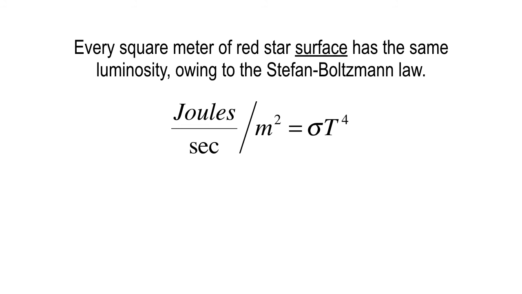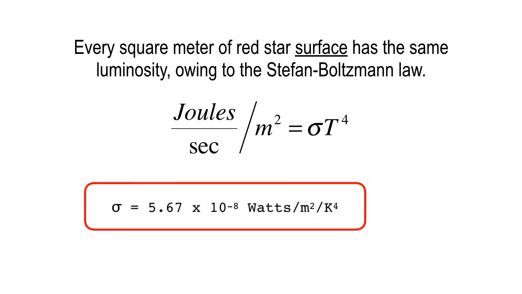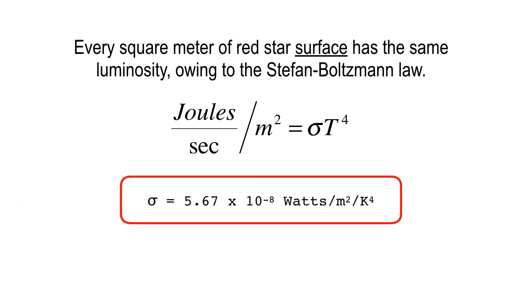But maybe a grad student, it would be challenging for a grad student too, to figure out Stefan-Boltzmann. But it's a fairly simple law. The constant sigma, that's a constant of nature, 5.67 times 10 to the minus 8 watts per square meter per Kelvin to the fourth.